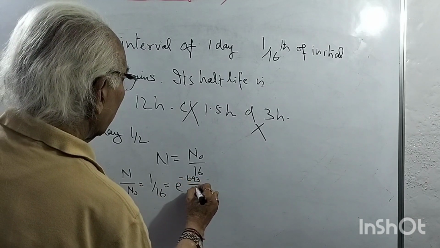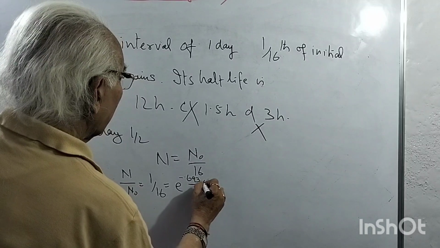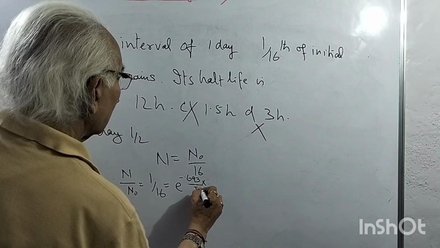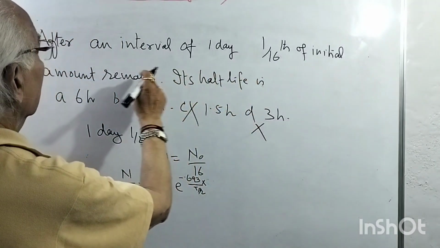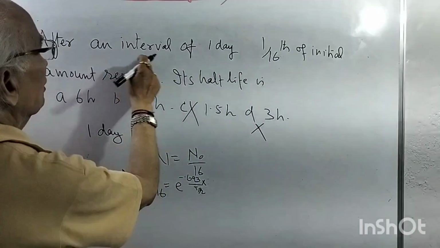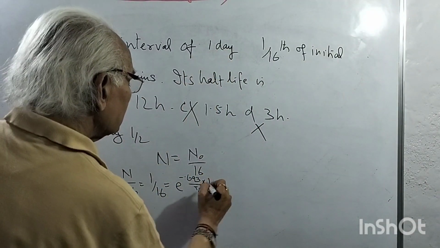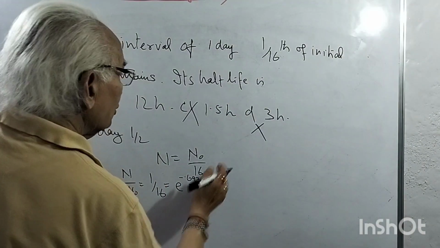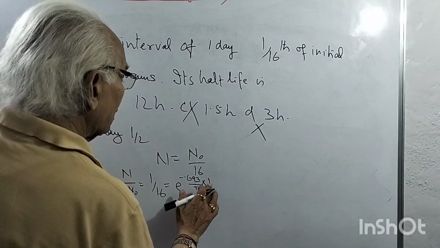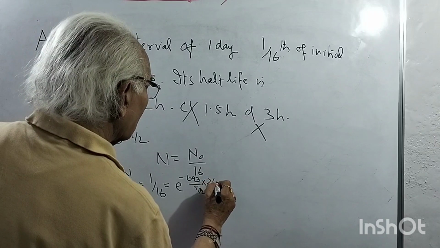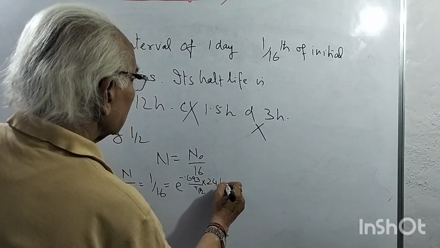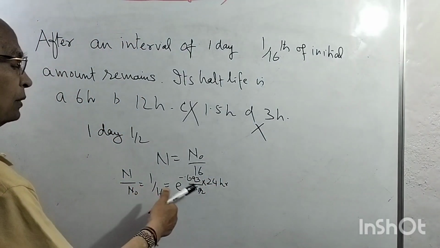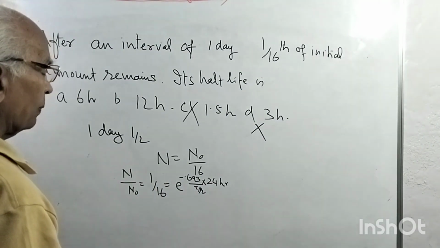Lambda is 0.693 upon half-life, and time is 1 day. Or since the answers are in hours, you can put 24 hours. From this you find out t half.